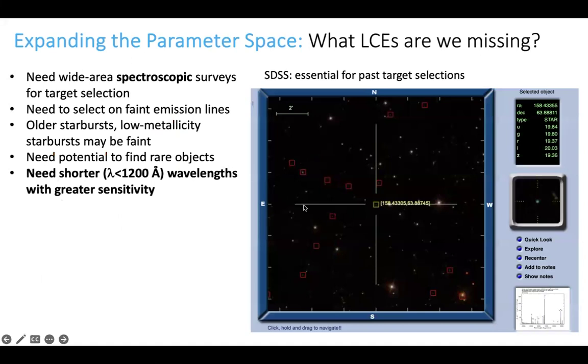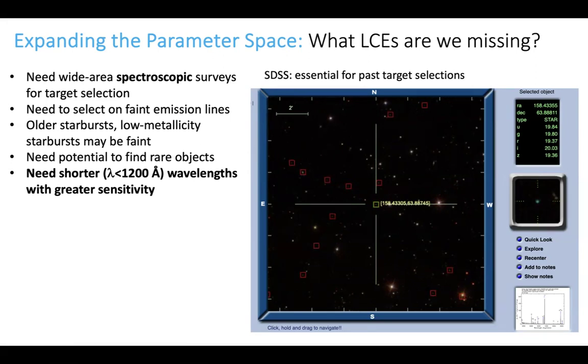So to find these sorts of targets, we also need wide area spectroscopic surveys to pick up on these potential emission line selections and find a target list to follow up. Our survey has heavily relied on SDSS to pick candidates. And so any future work would also need to be paired with probably some large area spectroscopic survey.